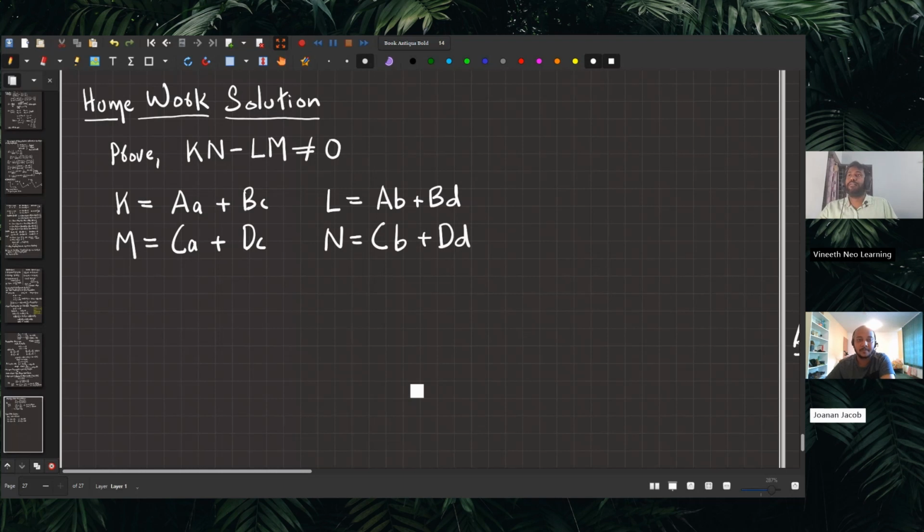So kn minus lm must not be 0. Let's find that term. kn minus lm is equal to kn minus lm.